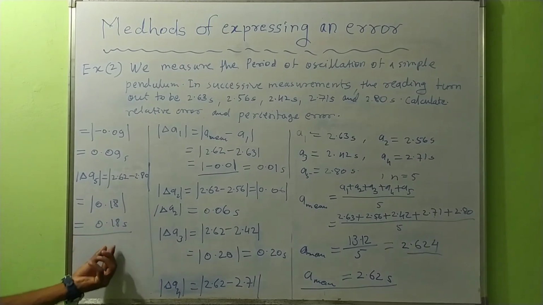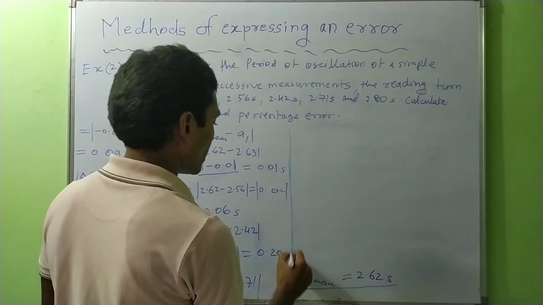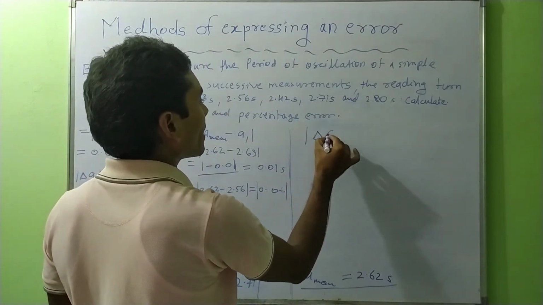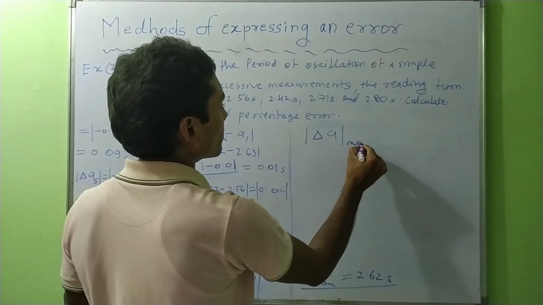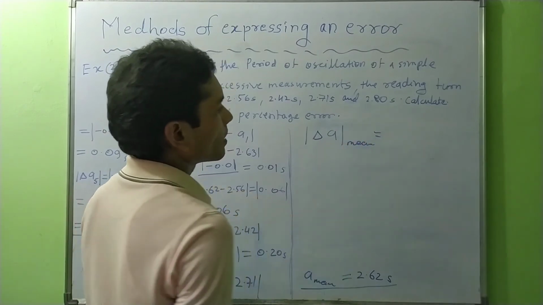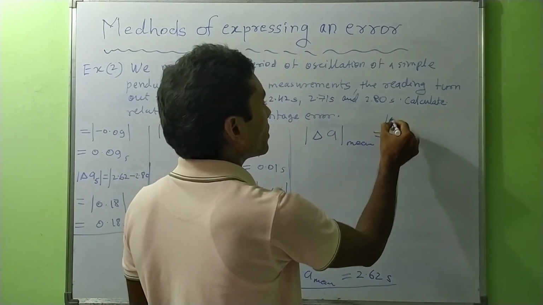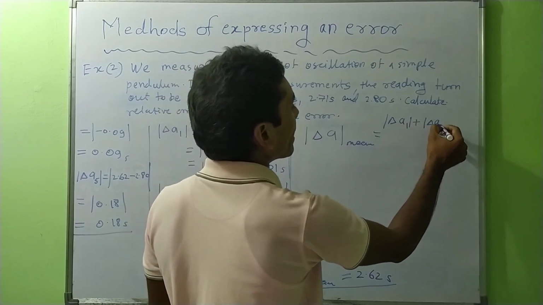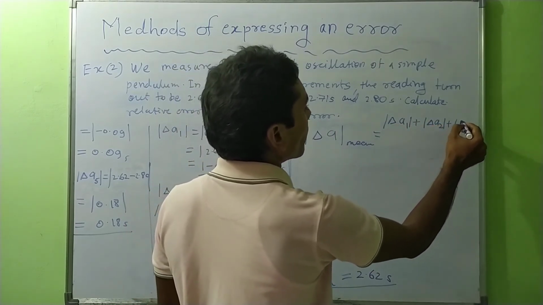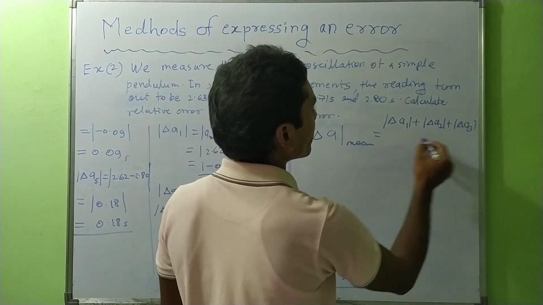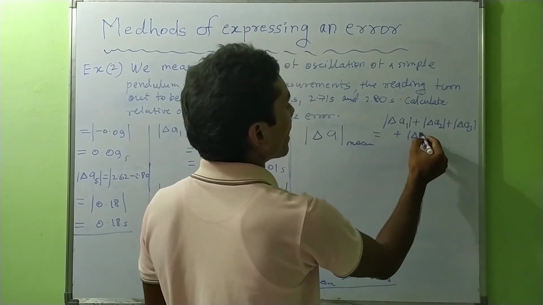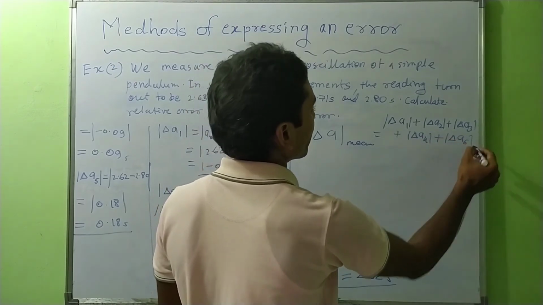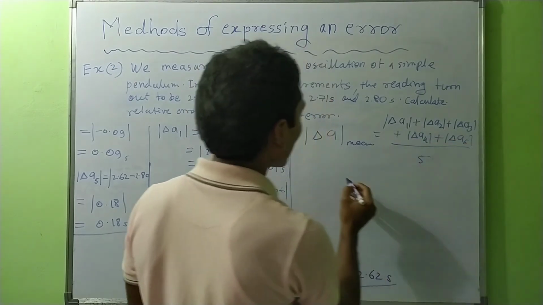This is the fifth absolute error. Now the mean absolute error will be del A mean. It will be equal to mod del A1 plus mod del A2 plus mod del A3 plus mod del A4 plus mod del A5 upon 5.